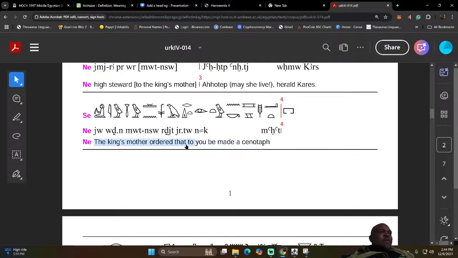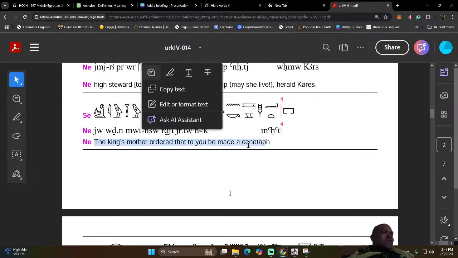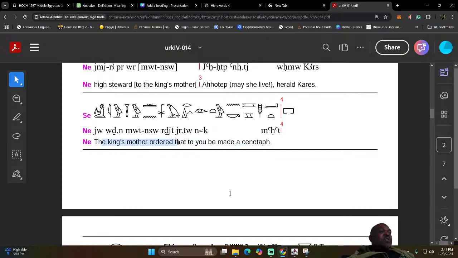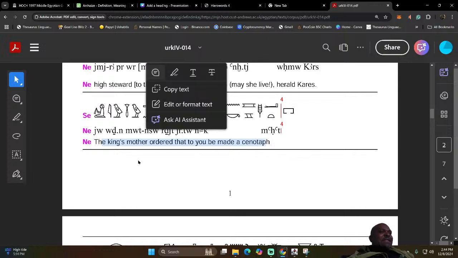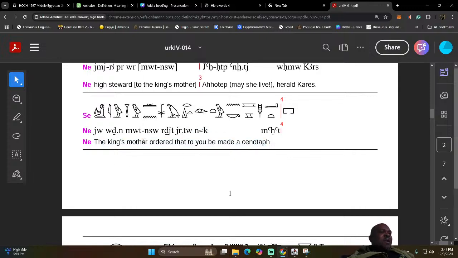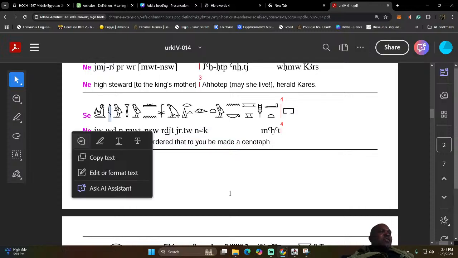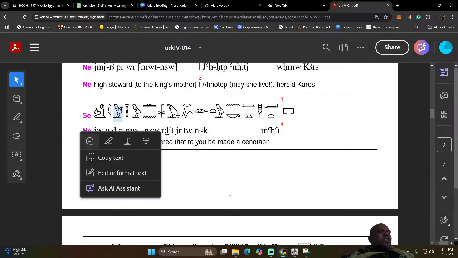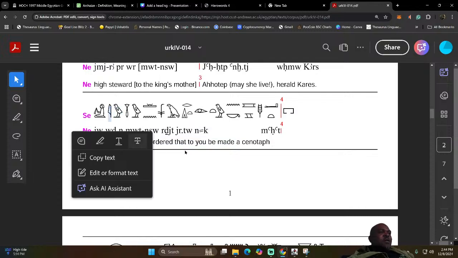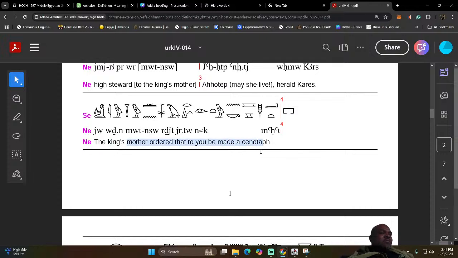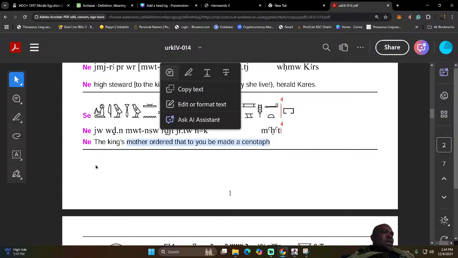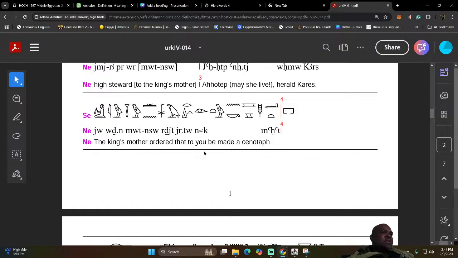See? But it's somebody speaking about her giving the command. So this is a statement of fact. The king's mother ordered that you be made a, what you call it. But if the king's mother was ordering that in this sentence, this would be an imperative, and it would not start with a U. So therefore, this U lets us know not to consider this as anything else but what it is, a statement of fact.